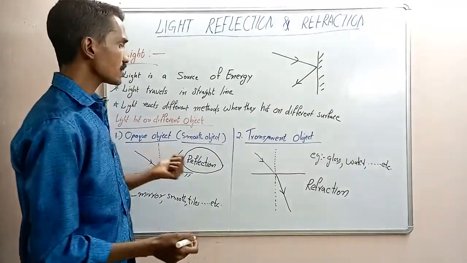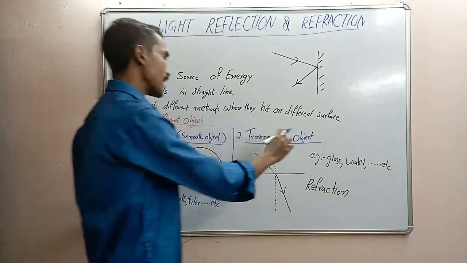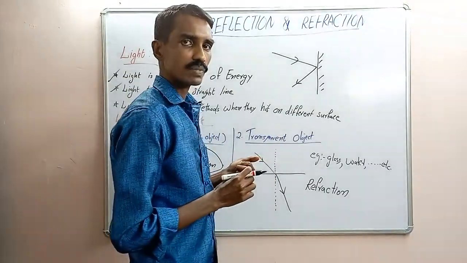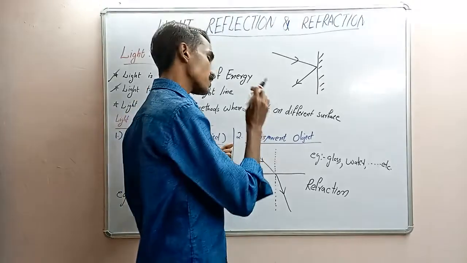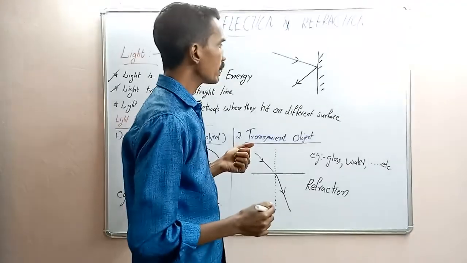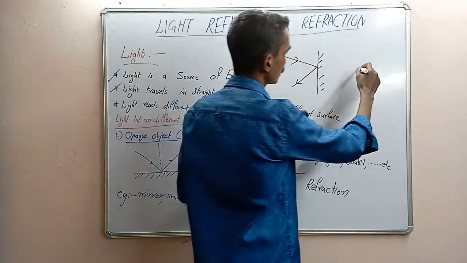The next one is transparent objects or transparent surfaces. What do you mean by transparent?